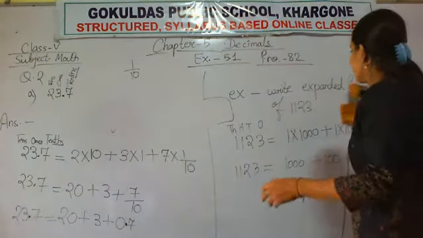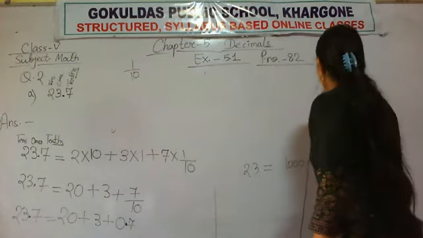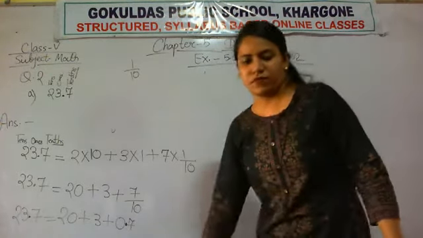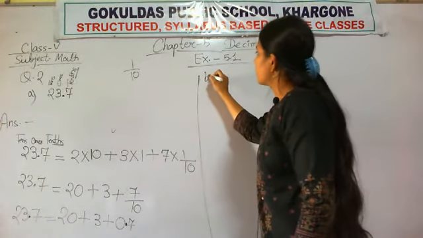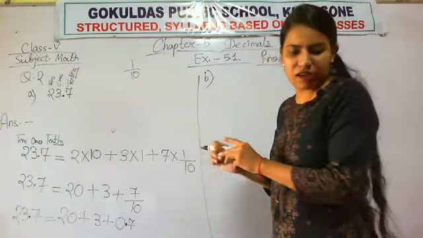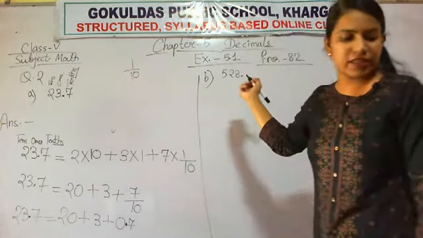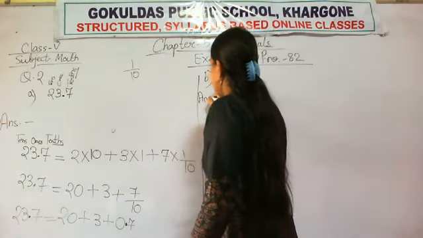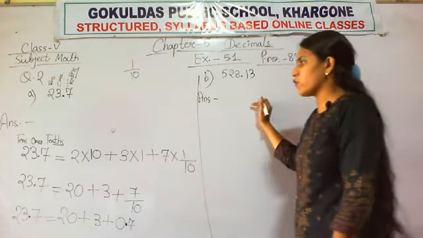Now part B. The given number is 528.13. We want to write 528.13 in expanded form.